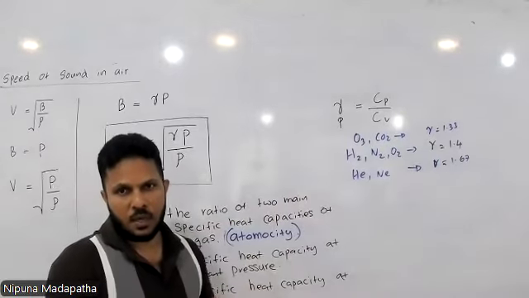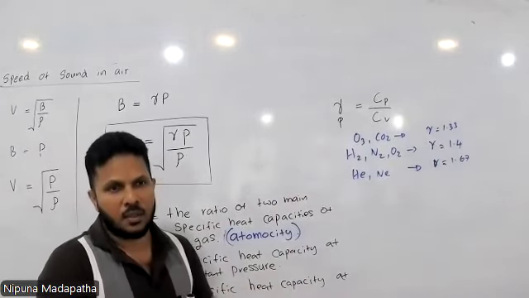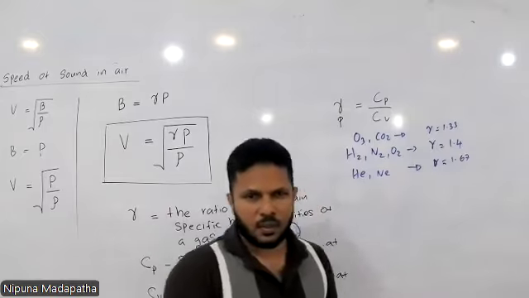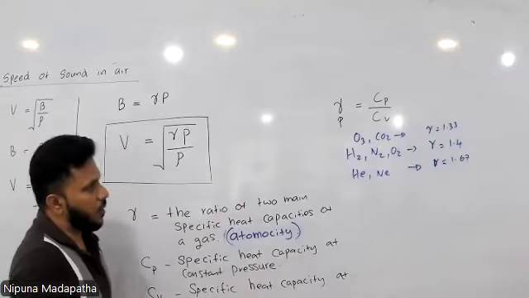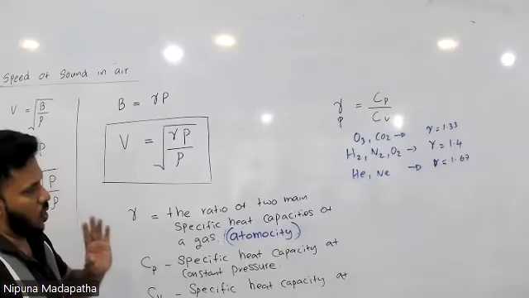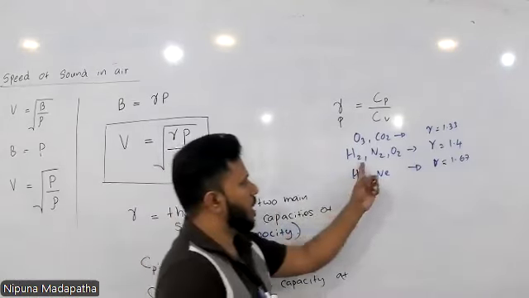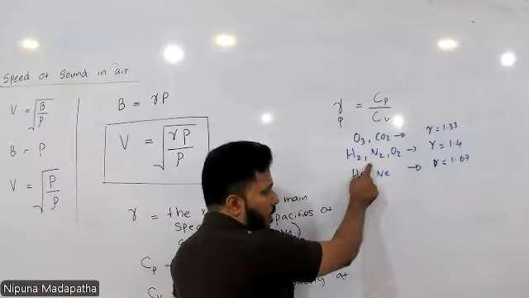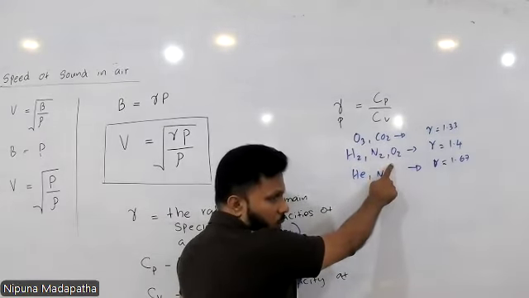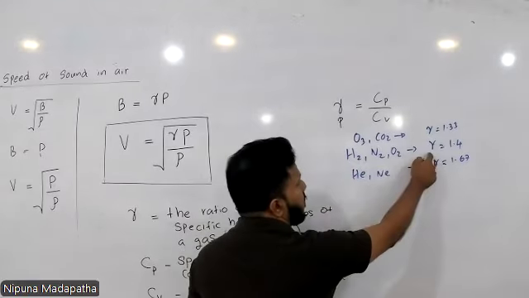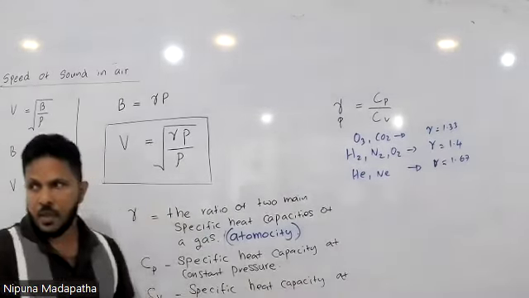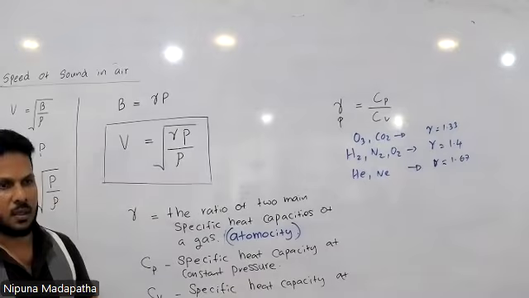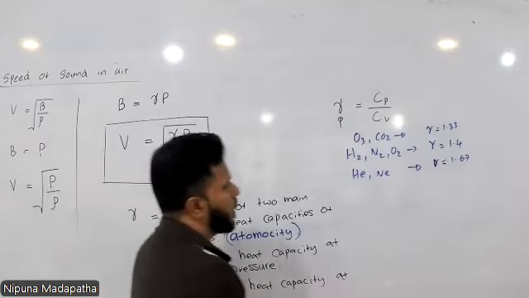No need to remember these values; they will provide them. Normally, for air, the greater percentage consists of N2 and nearly 20% is O2, so we take gamma as 1.4 for normal air.